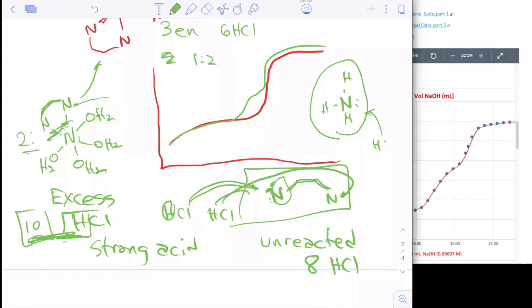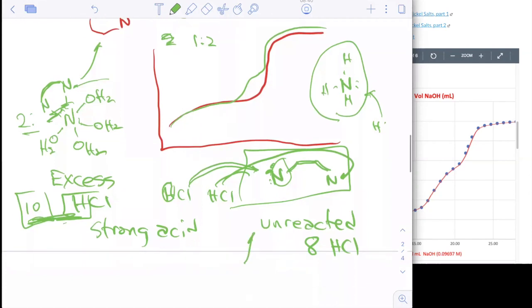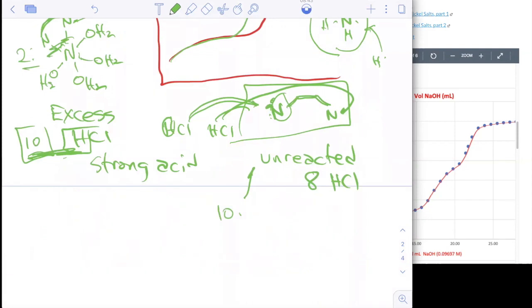According to the directions, that excess amount was 10 milliliters, and the concentration was 0.1994 moles per liter. So you can calculate, based on that data, the moles of hydrochloric acid added.